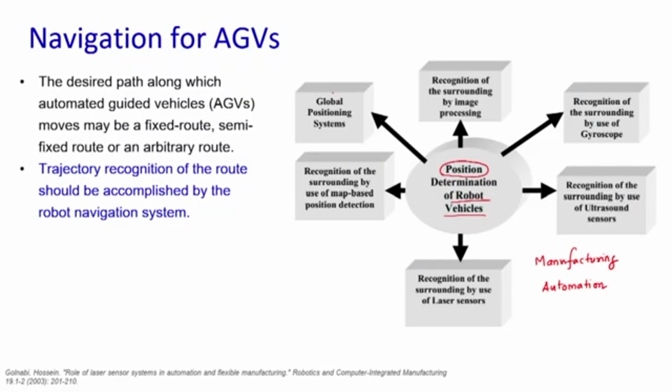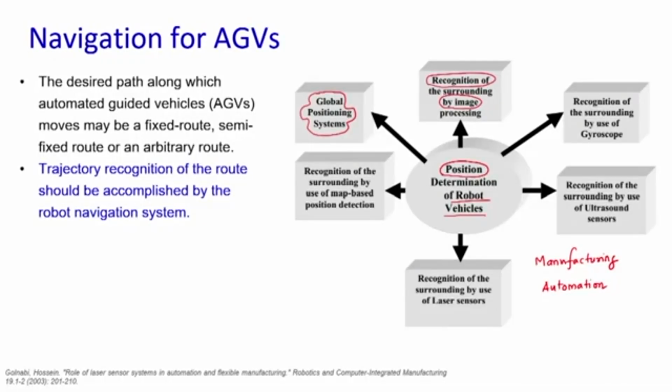The first technique is the global positioning system. By using GPS we can easily track the movement of the robot based vehicle. We can take photographs of the vehicle moving on the shop floor, and by processing those images we can easily recognize the vehicles and record their movements. However, there may be certain errors, as the collection of images may not be proper due to a lot of environmental factors.